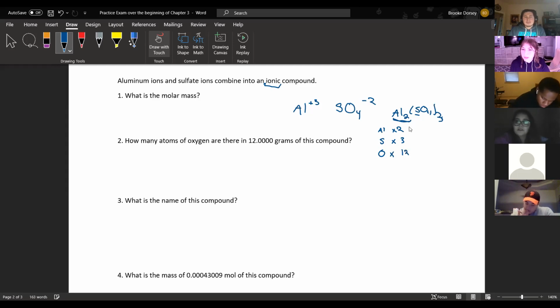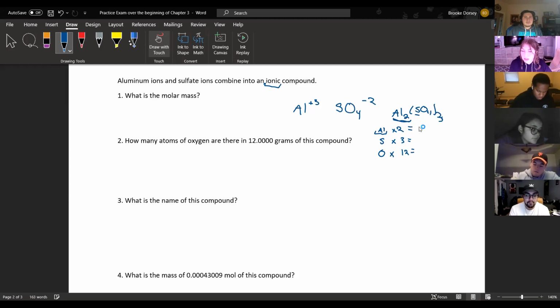12. Absolutely beautiful. So molar mass of aluminum times 2, what is that? 53.96. Can you repeat that? 53.96. Perfect. And then sulfur and oxygen, y'all can figure those out.